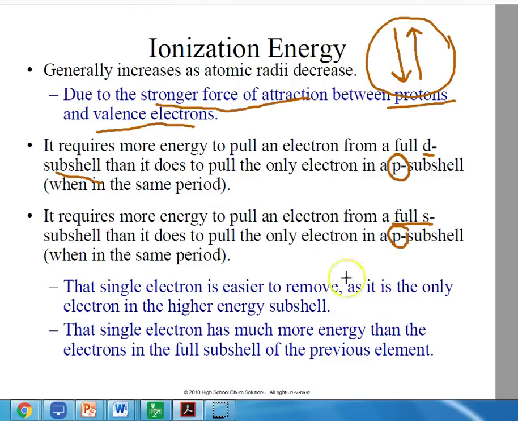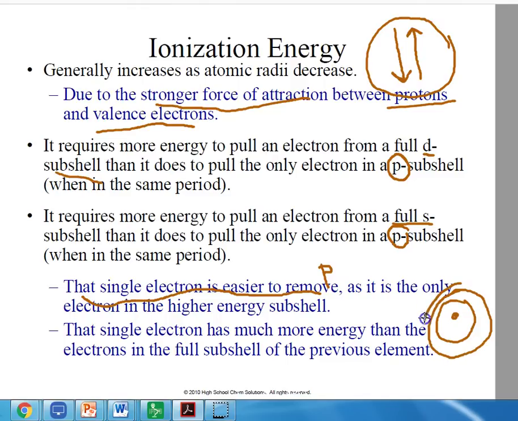As we move into that new sub-level, we have boron, aluminum, gallium, indium, thallium. In that new sub-level, that single electron that we're trying to remove in the p sub-level is easier to remove because it's the only electron there. It has more energy than the electrons in the full sub-level. And by energy, we're talking about these energy levels away from the nucleus, right?